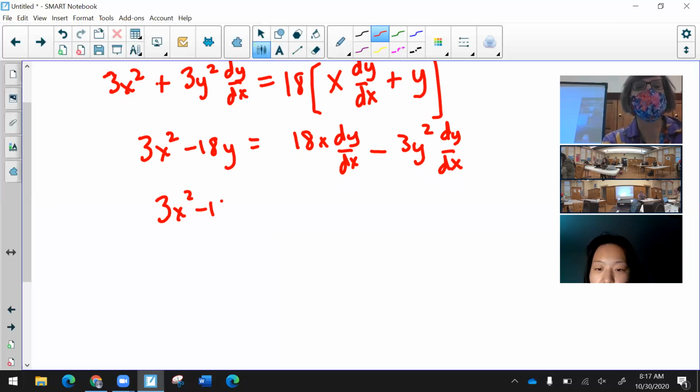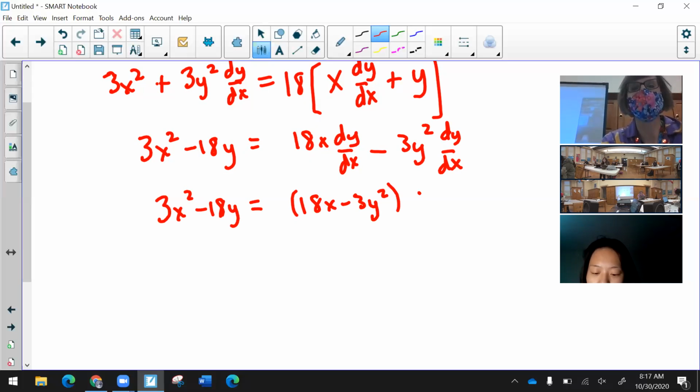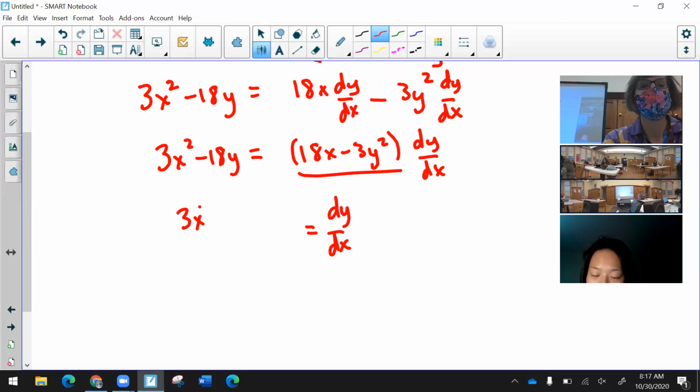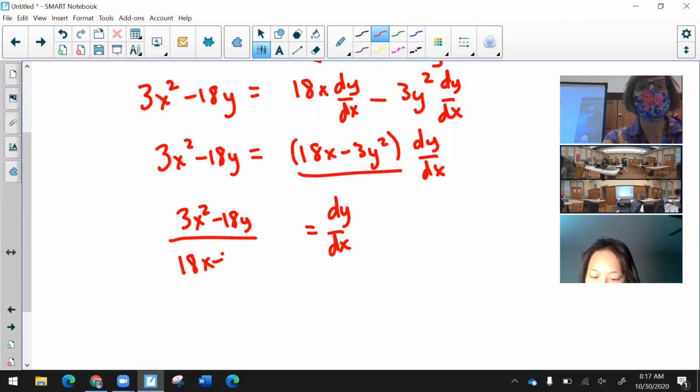So I still have my 3x squared minus 18y, and I'm going to factor out dy/dx from my terms on the right hand side, and then divide both sides by this. So I end up with dy/dx is equal to 3x squared minus 18y over 18x minus 3y2. Okay.